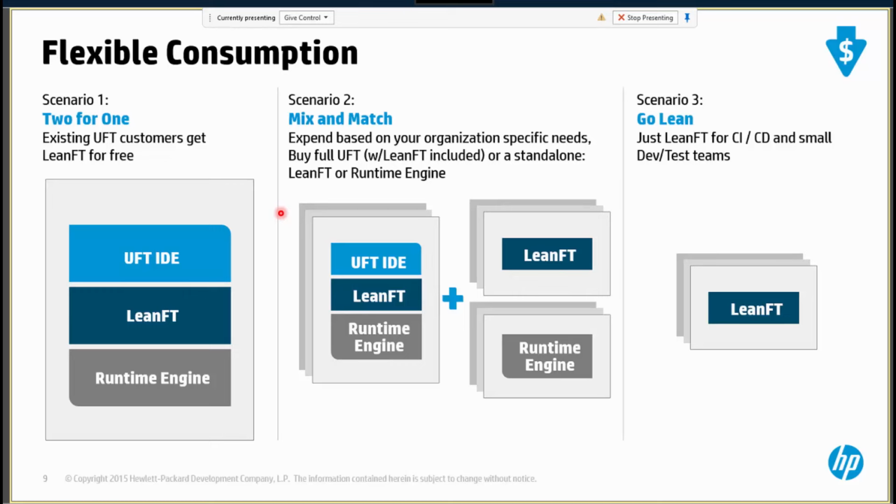Don't quote me on this, because they change the pricing every once in a while, but I think it's $139 per user per month. It could be bought standalone. And then the mix and match: if you just want LeanFT and the GUI side of UFT, you can do that. Or if you just want LeanFT and the runtime engine, you can do that.